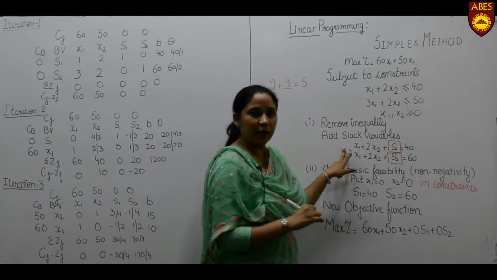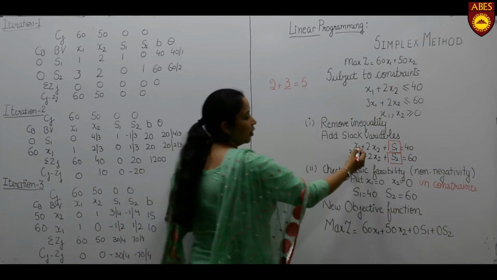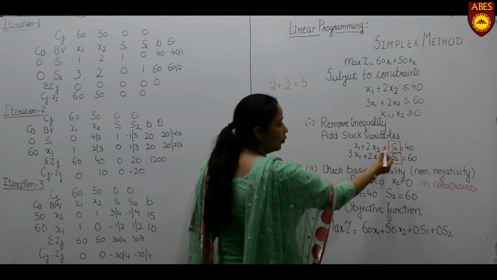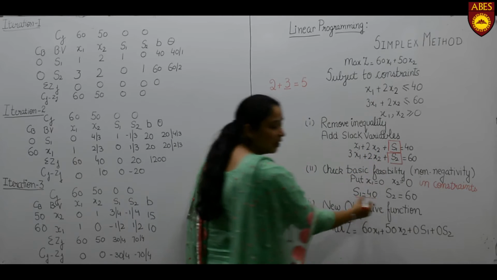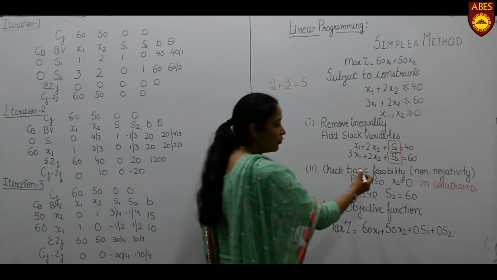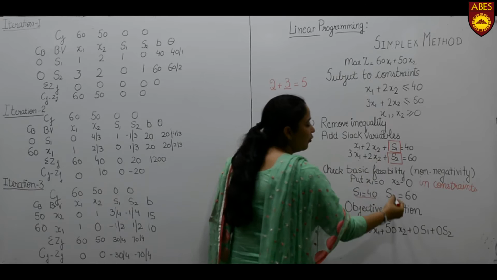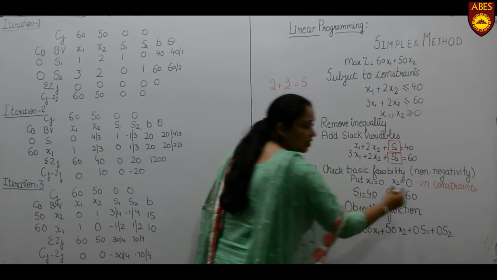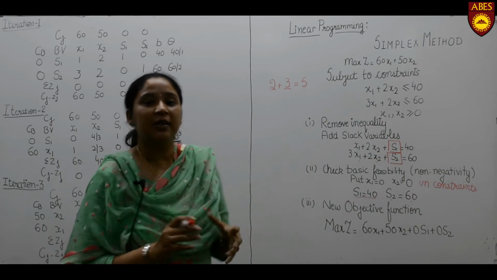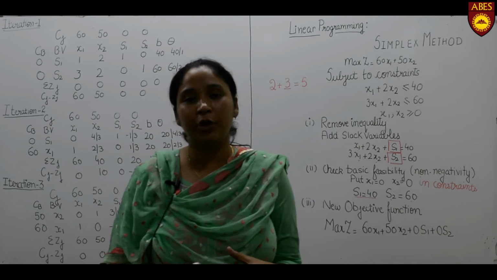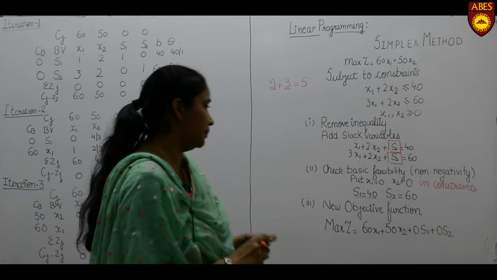After putting this value, for example, if we put x1 equal to 0 and x2 equal to 0, we have s1 is equal to 40, and in the second constraint, if we put x1 equal to 0 and x2 equal to 0, we have s2 is equal to 60. So it satisfies our non-negativity condition, which is most important while solving a simplex problem.